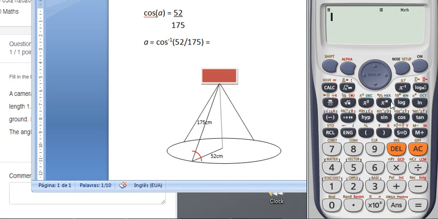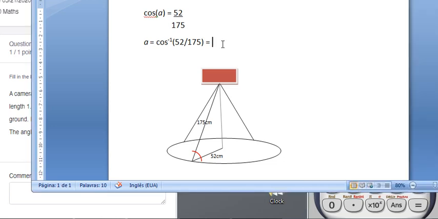The inverse function of cosine of 52 divided by 175 is going to give me the angle of 72.7 degrees. So the legs are making an angle of 72.7 degrees. That's the answer.